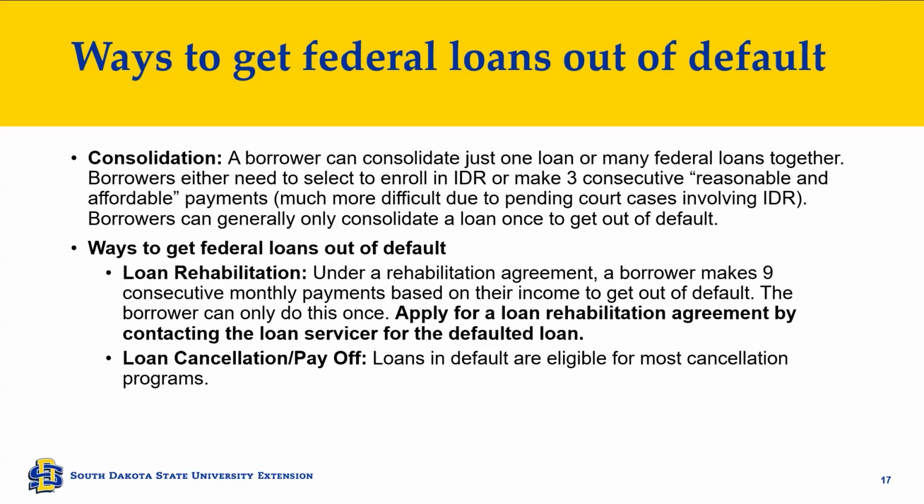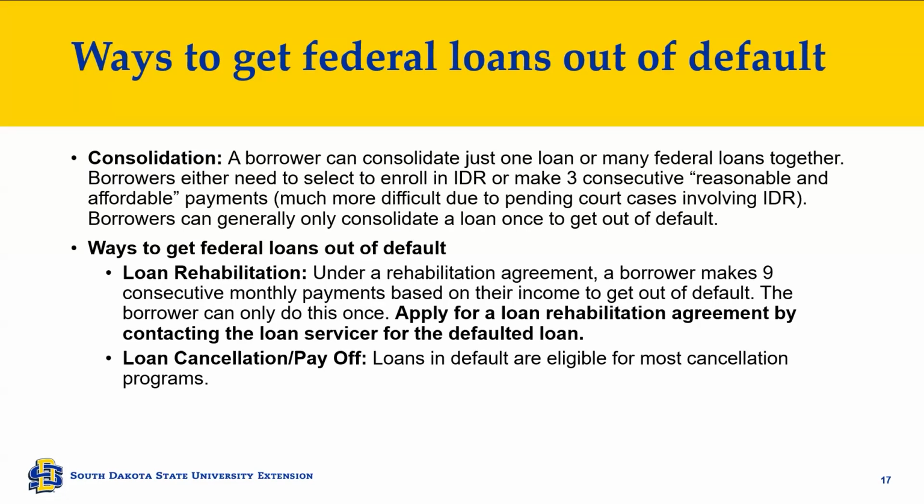If they haven't already consolidated, they can consolidate just one loan or many federal loans together. And they can either select to enroll in the income-driven repayment plan or make 3 consecutive reasonable and affordable payments. They can generally only consolidate a loan once to get out of default.